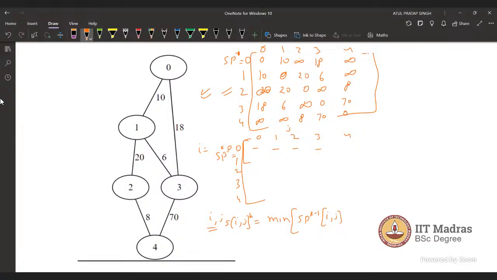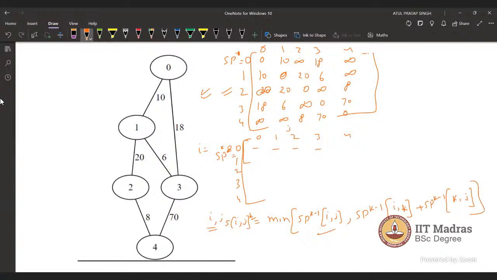This represents the direct distance. If there is no direct path available, we will check the path through this k node. If k is 0, we move from i to j via node 0. So the second formula is SP k minus 1 of i to k plus SP k minus 1 of k to j.